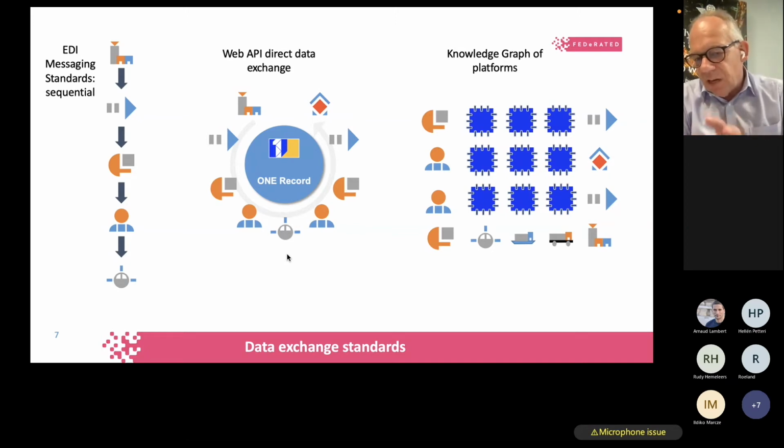When the federated living labs start interacting via these semantic endpoints, via these SPARQL endpoints, we will have created a knowledge graph of platforms. And that is quite unique, because I think it might be one of the first ever to have a multimodal knowledge graph using these technologies.